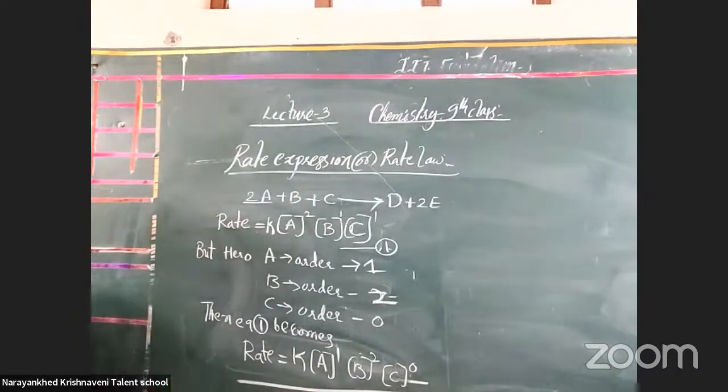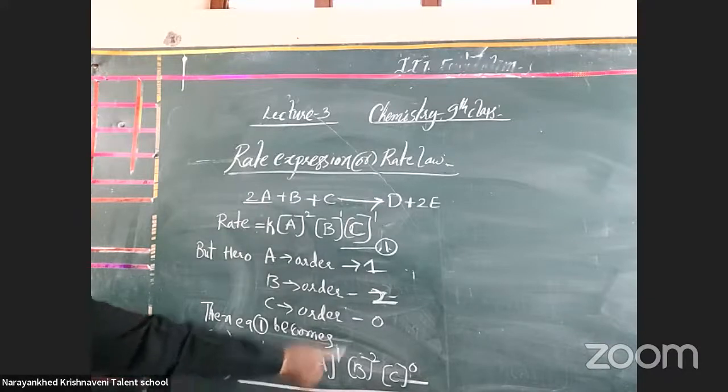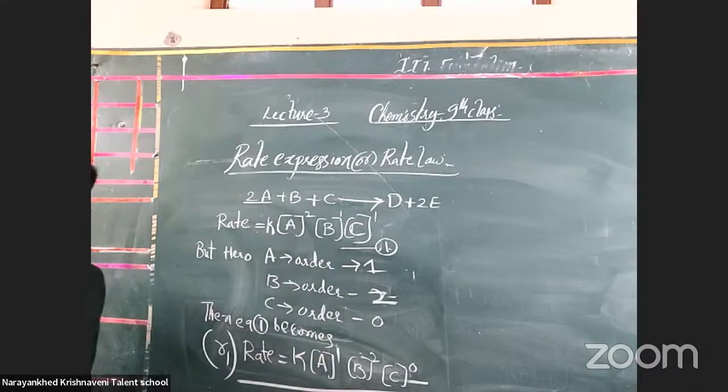Clear or not? Whatever rate we consider for the given thing, it will be taken as R1. R1, the rate, is equal to k into A to the power of 1, since they gave order 1. Clear or not, all the students? And when they gave order 2, it is okay.